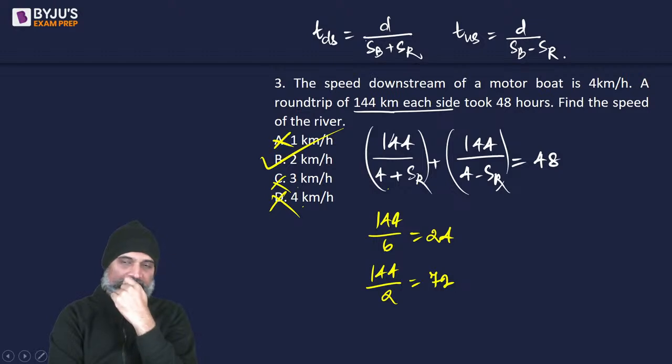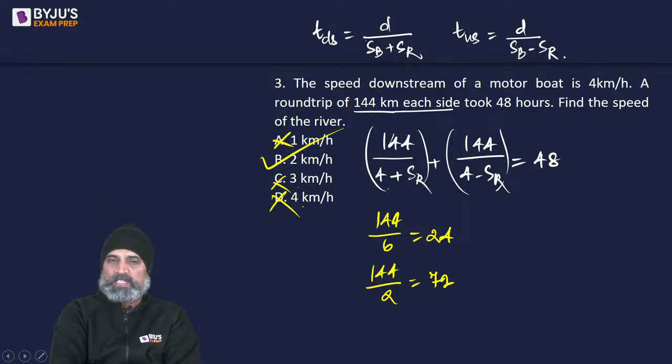Hold on, let me think. We shouldn't have 24 from one side, because if it gives us 24 from one side, the other is going to be much more than 24.